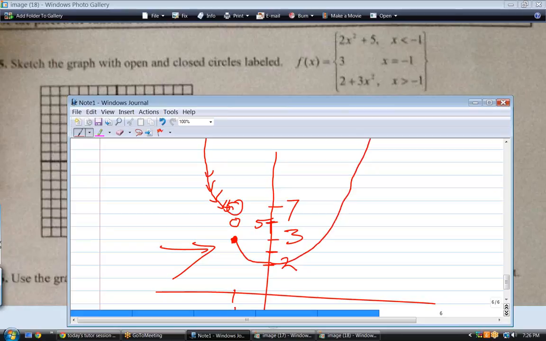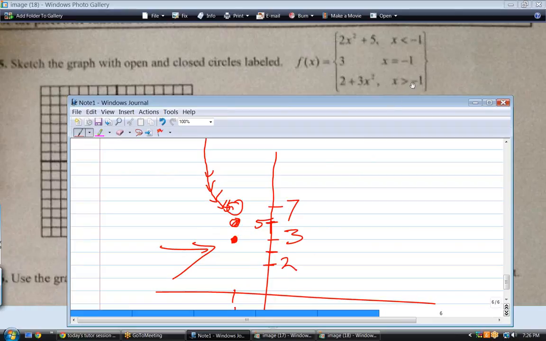Now, make sure you understand every single thing that I've drawn on there. Yeah, I do. Excuse me, that closed circle is 3. Okay, I've drawn this a little bit incorrectly. Let me draw it again.